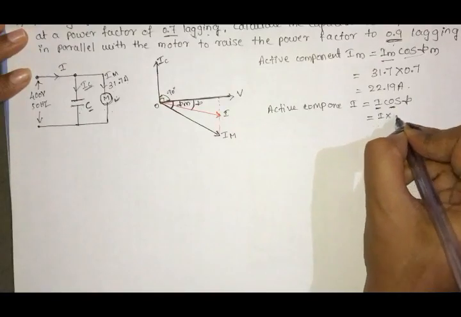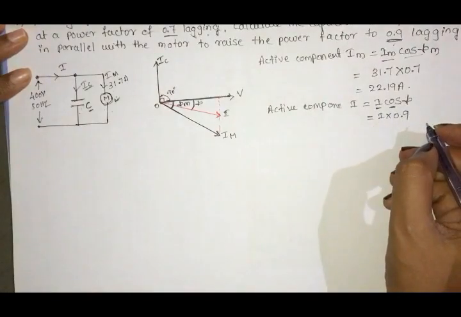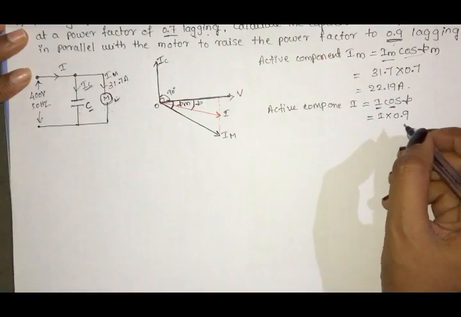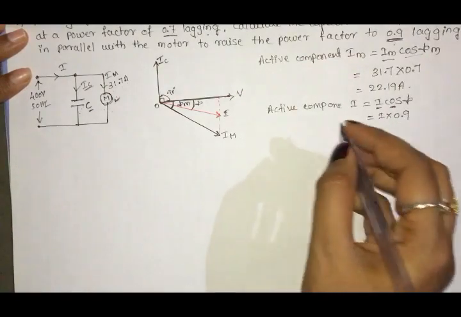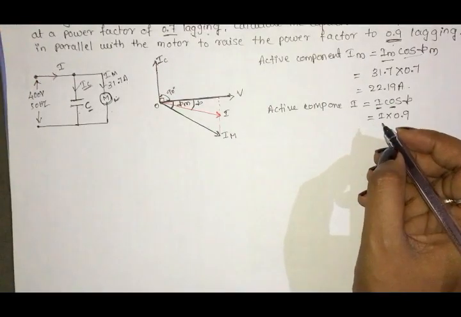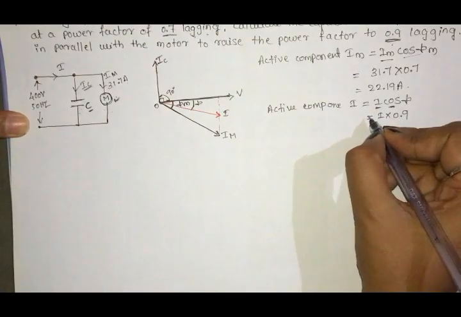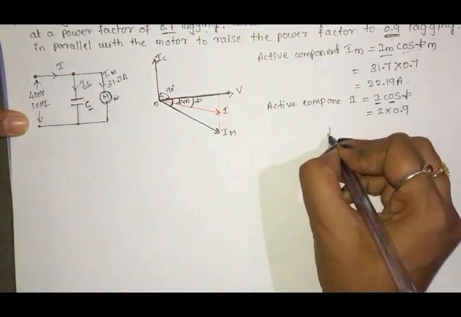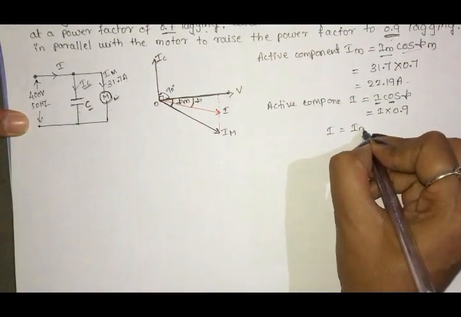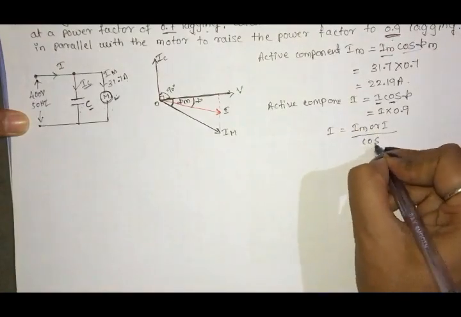So I into 0.9. Now we can find I, since we know the IM value. So I is equal to IM divided by cos phi.